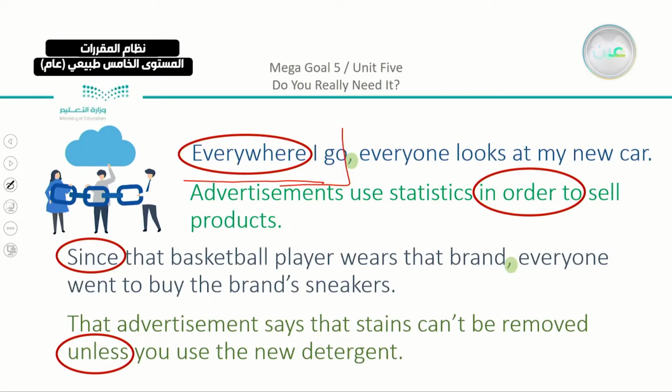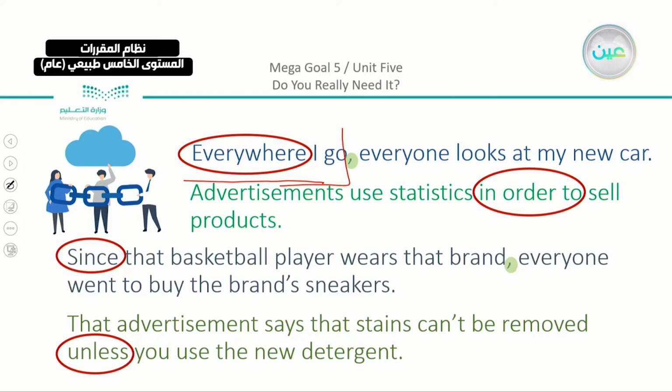The third example, since that basketball player wears that brand. If your friend is talking to you and says, since that basketball player is wearing that brand, you still wait, there's something missing. But if I say everyone went to buy the brand's sneakers, you would get a complete idea.